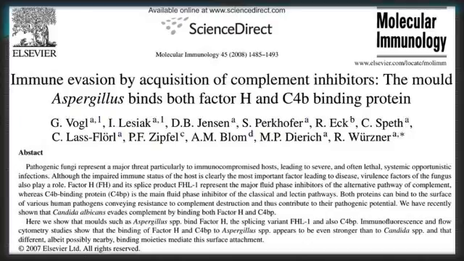Aspergillus has no studies showing it linked to ALS. However, because it has factor H and C4b evasion strategies, I suspect that anybody living in a home with mold in it is probably going to have a greater problem with ALS, faster progression.